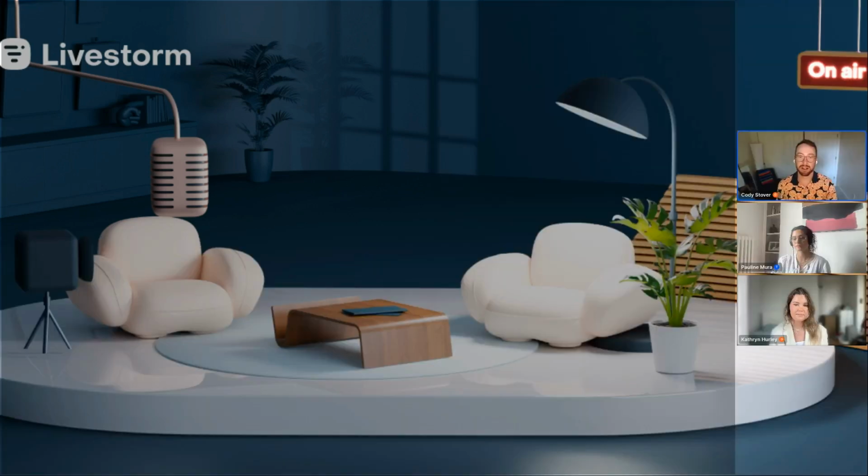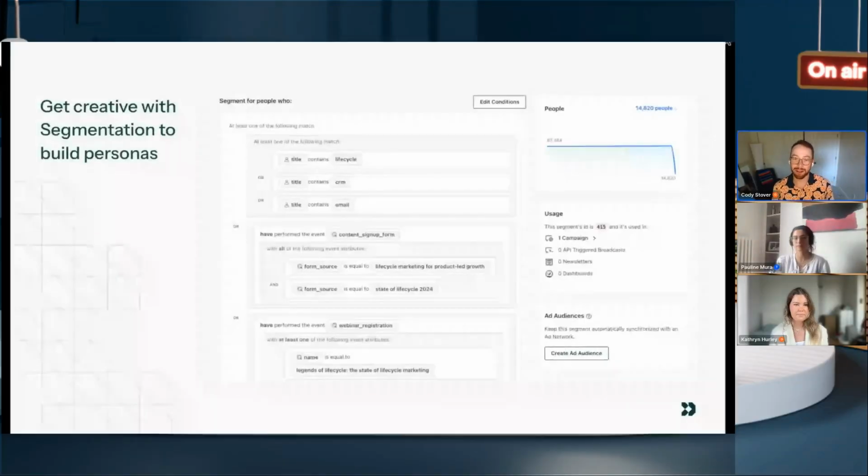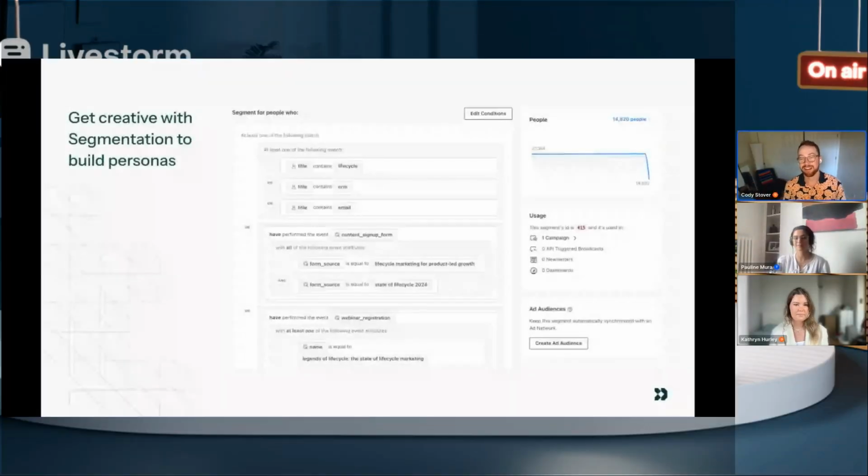And I have one more piece to that on the graphic. On this segmentation, we use job title to segment those people if they're a lifecycle marketer. But if you're in the audience thinking, it would be great if I had that data, you can kind of hack it. This is a segment we built that guesses if someone's a lifecycle marketer.